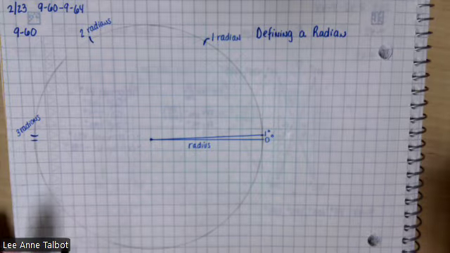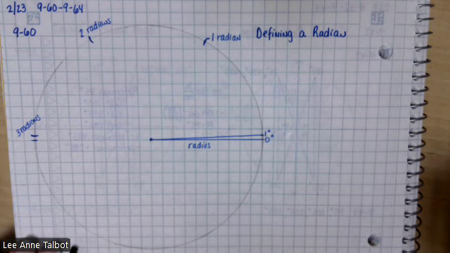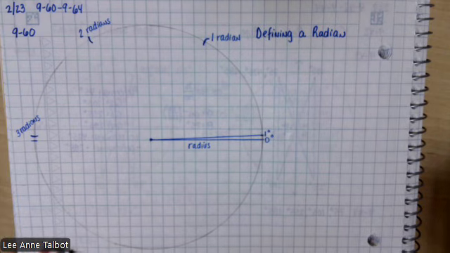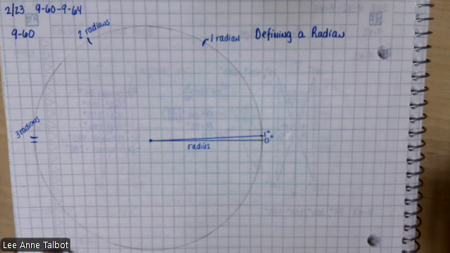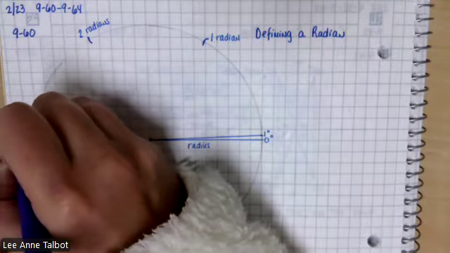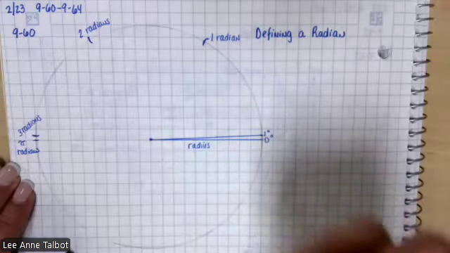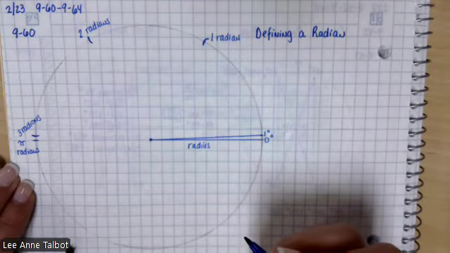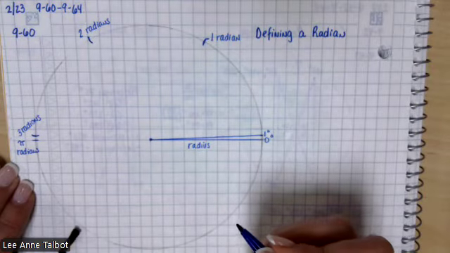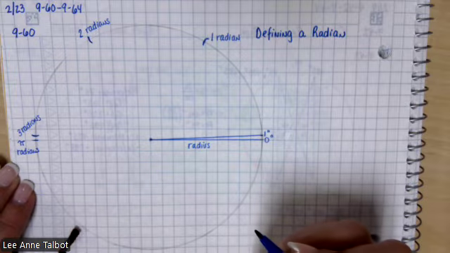What number do you know in life that's really interesting, that never ends and never repeats and is just a little bit over 3? Pi. This is pi radians. Pi radians is equal to 180 degrees. That's the unit conversion we're going to use through the whole year. Pi equals 180.